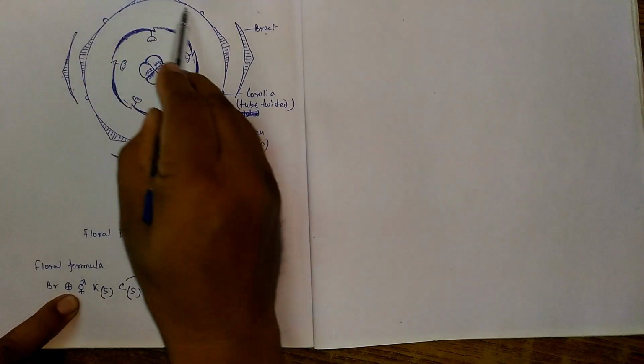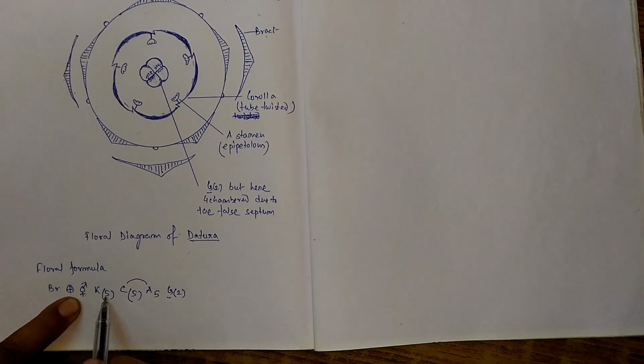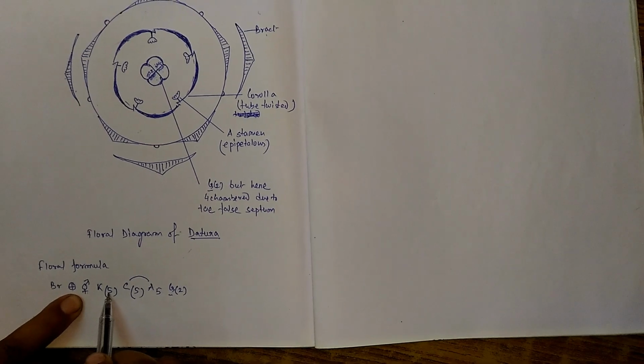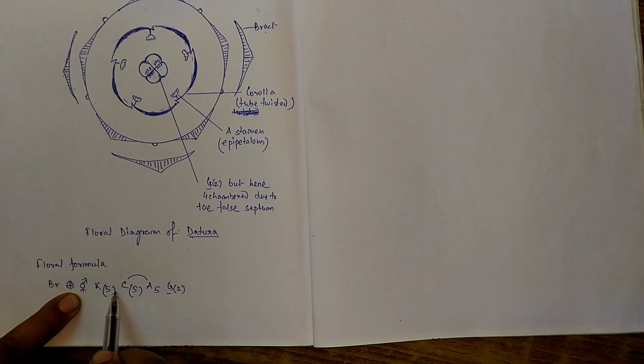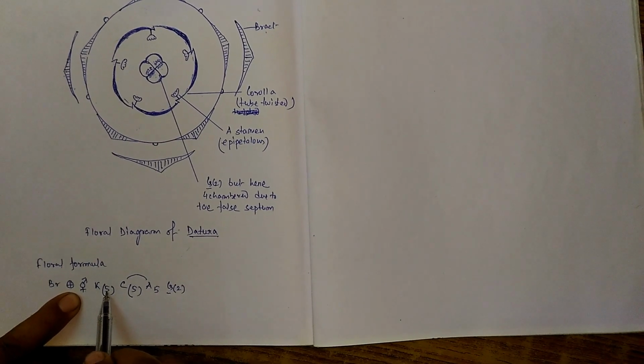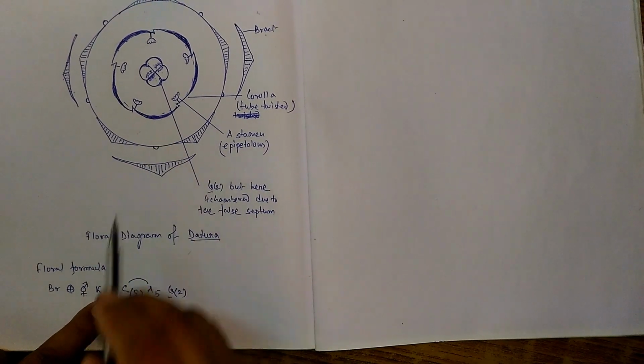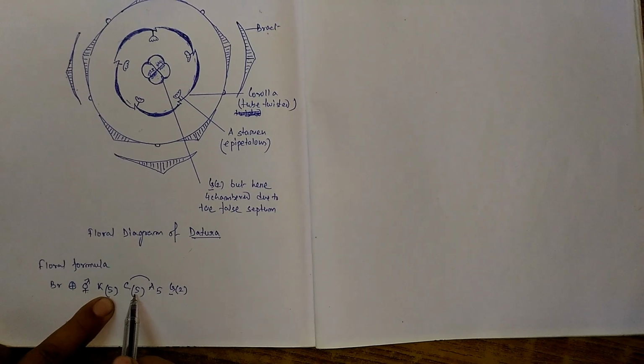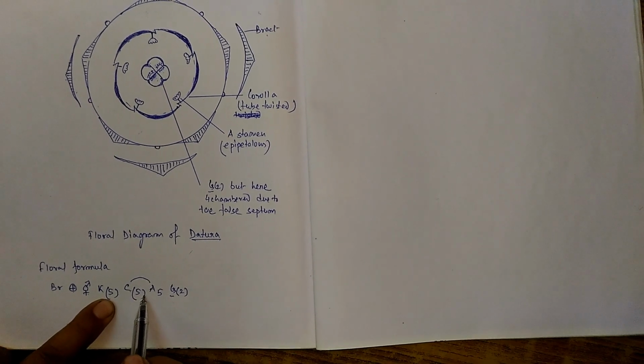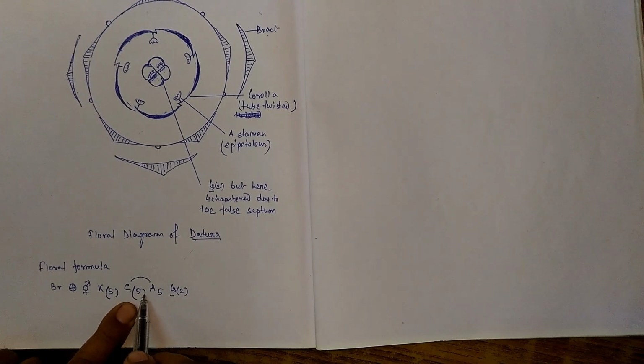Calyx tube is represented by 5 members and they are united, so 5 has been kept inside the bracket. Corolla, this corolla tube, again the members are 5 and they are also united. That is gamopetalous.